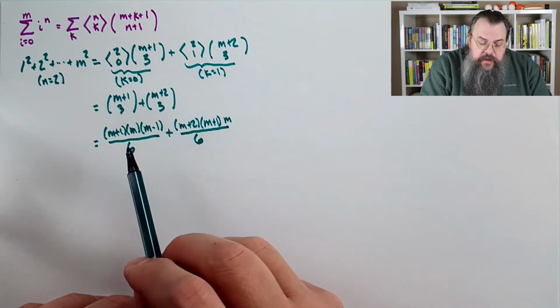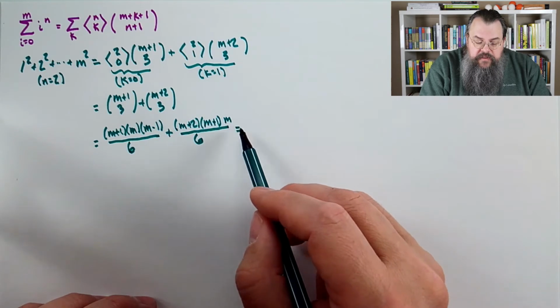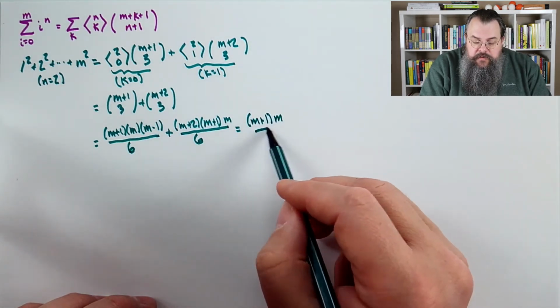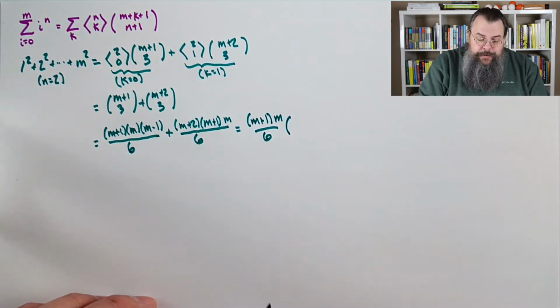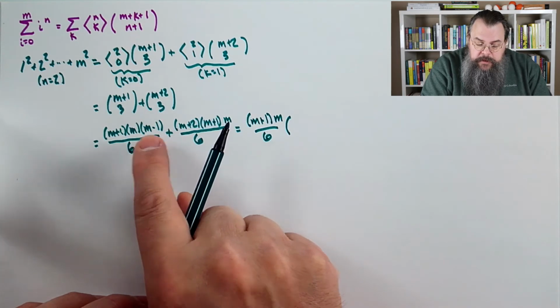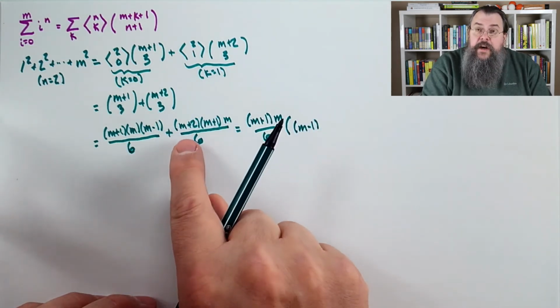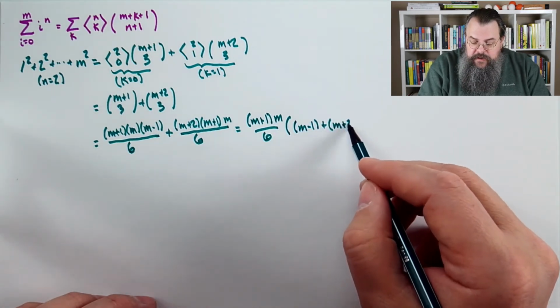Now notice, they both have m plus 1 and m, so you can factor that out. They both have a 6, so you have m plus 1 times m over 6. And what's left? Well, we haven't grabbed that m minus 1, so that's left. And we haven't gotten that m plus 2, that's still left.